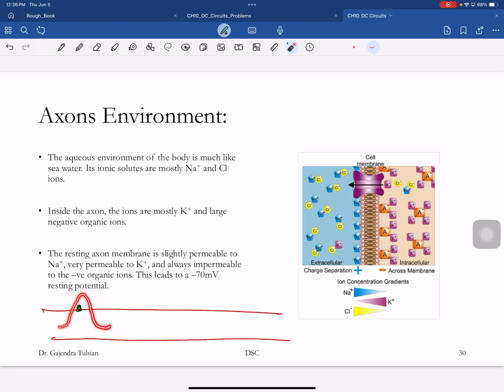And now this is changing the properties of the neighbor, and so this will propagate. How fast does it propagate? About 100 meters a second. 100 meters is from here to the student center.